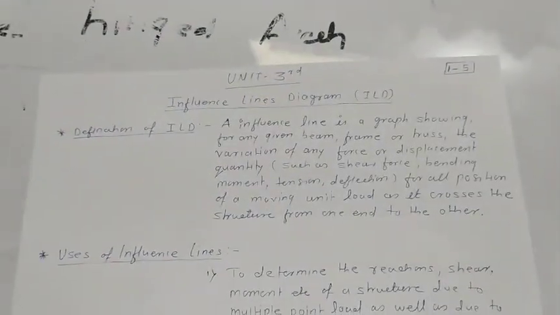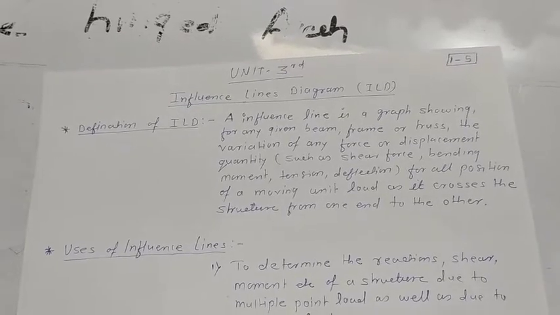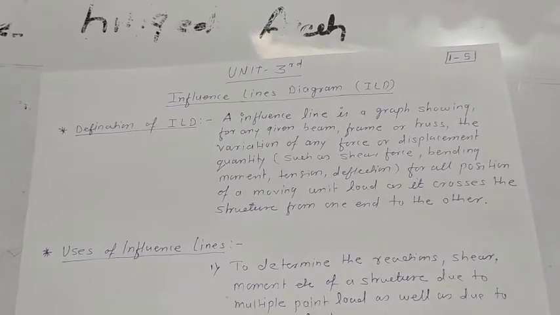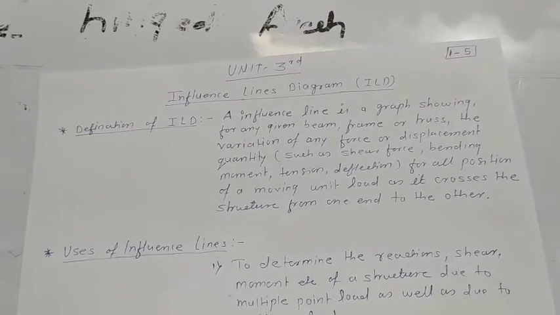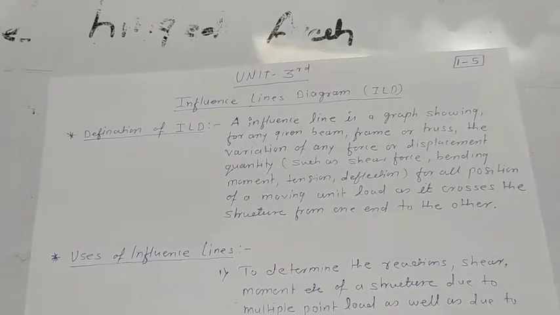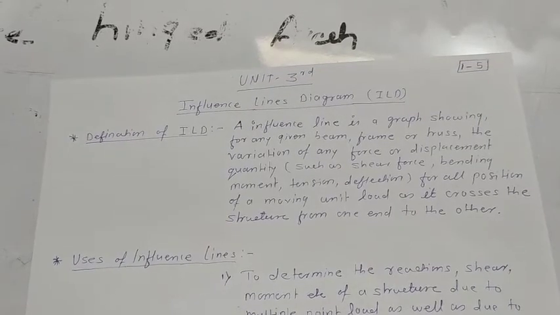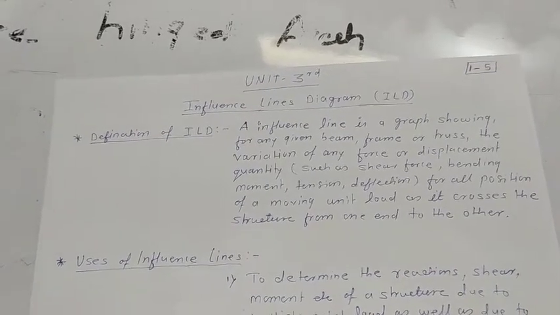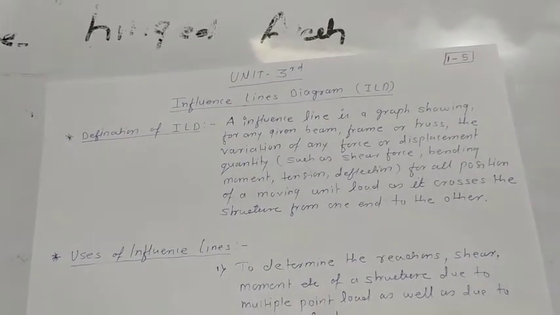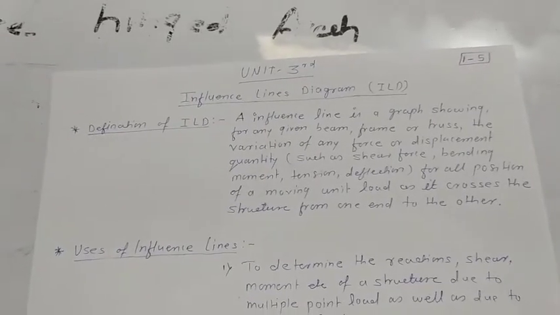Okay. This means the ILD is basically used to find out the reaction, shear force, bending moment, deflections of a moving load on any structures like beam, frame or truss.